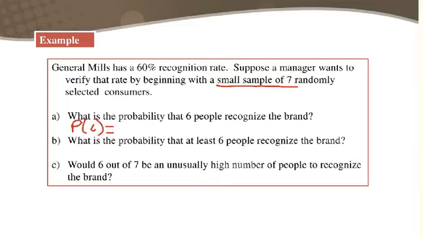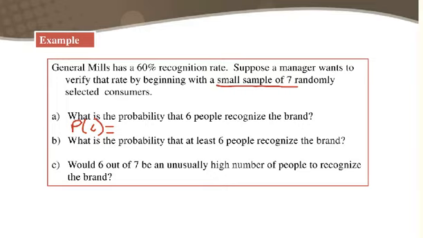The third thing, is there one of 2 possible outcomes for each trial? Well, if we consider somebody recognizing the brand as a success, then a failure would be somebody doesn't recognize the brand. So we have one of 2 possible outcomes for each trial. The last thing we have to consider is, is the probability of success the same for each person?